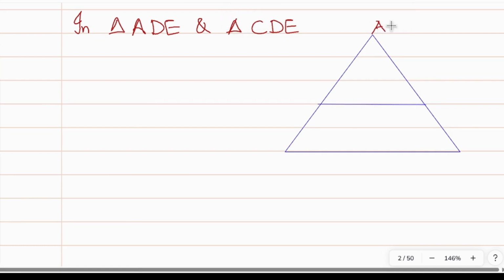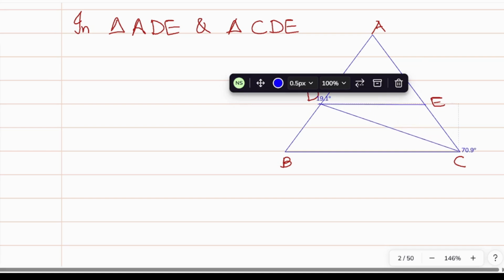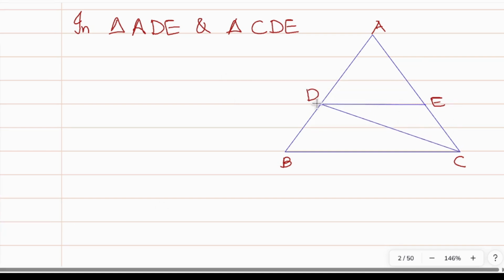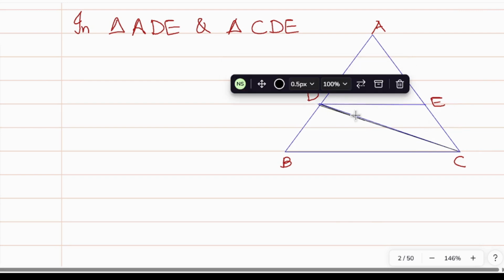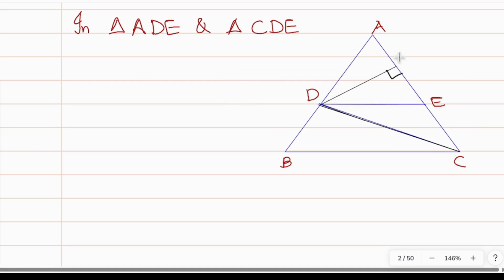So, A, B, C, D, E. Here I need to draw only these two lines, okay? And to this side also I have to draw that altitude, right? So here this is the 90 degree and this part I will mention as F.